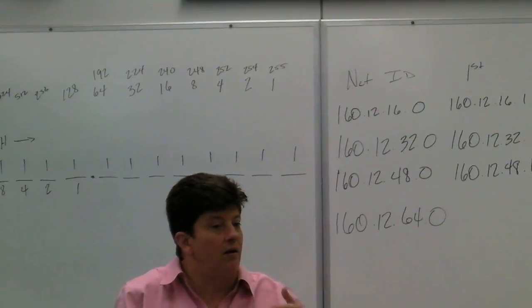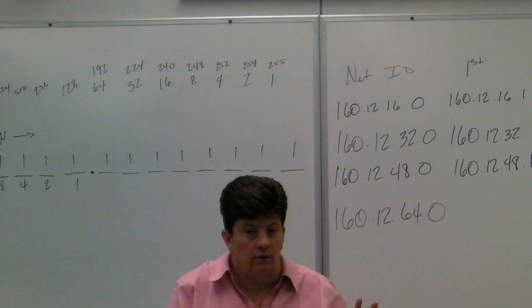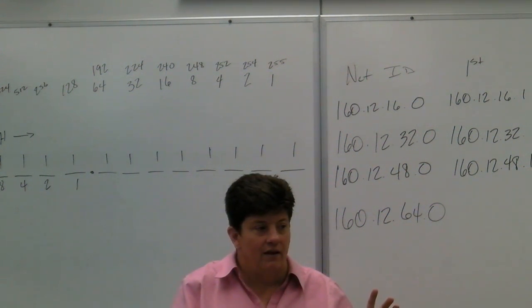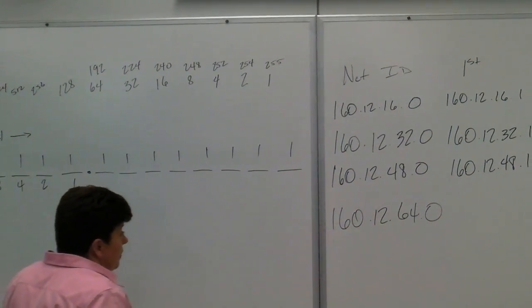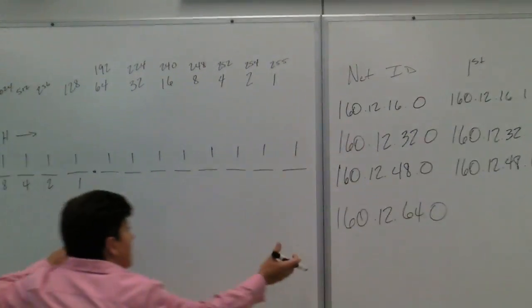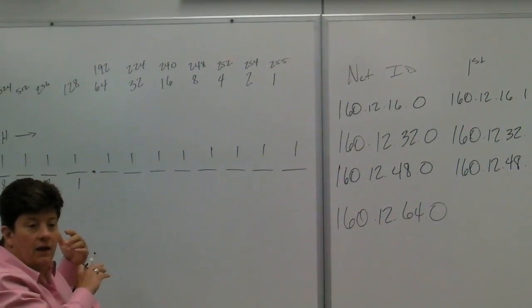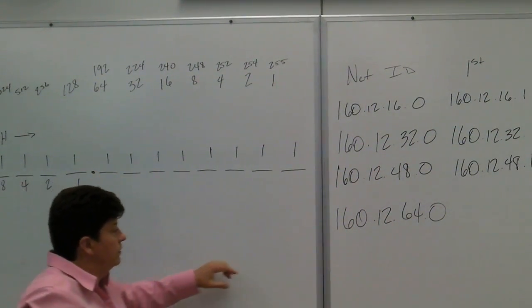Because this is binary, binary is full of patterns. Check for them, look for them, find them. Now that we have said, hey, there's this pattern over here, do we really even need this anymore? We don't necessarily have to keep writing this stuff out in binary.